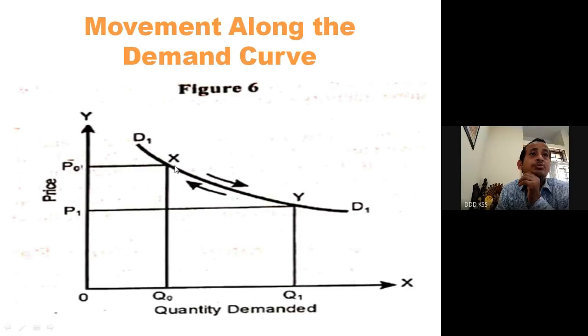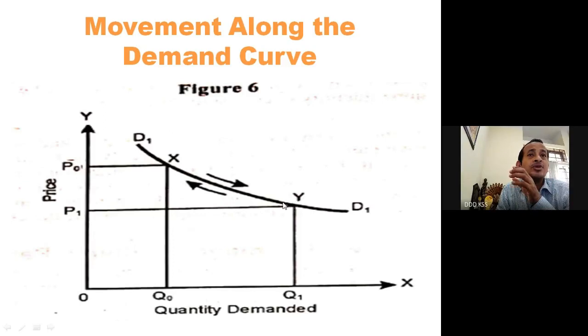So the consumer moves down and up. Down means from X to Y. This is known as expansion of the demand. And when the price increases from P1 to PO, there is a movement from Y to X along this demand curve.